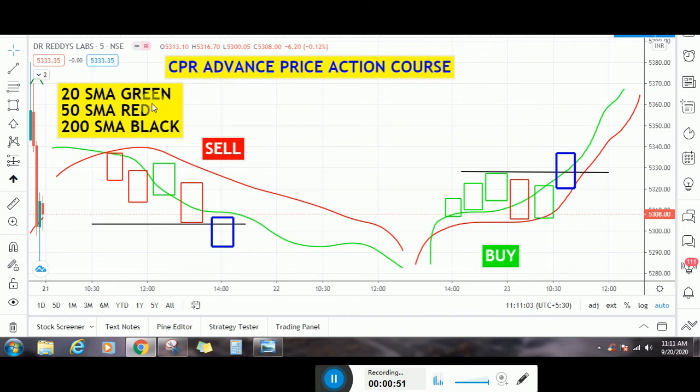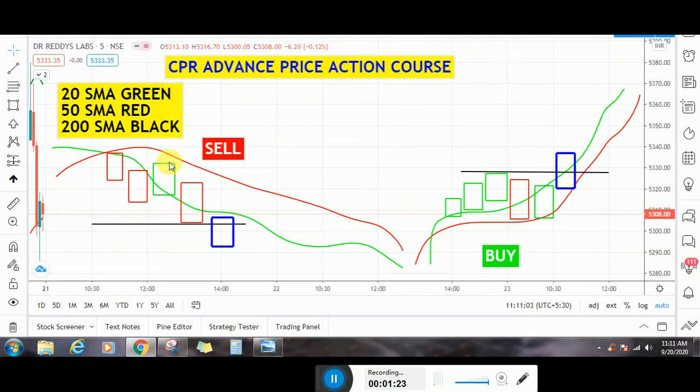We can use three kinds of moving averages. One is the 20 simple moving average in green color, the 50 simple moving average in red color, and the 200 simple moving average in black color. The red line is called the 50 simple moving average and the green line is the 20 simple moving average.